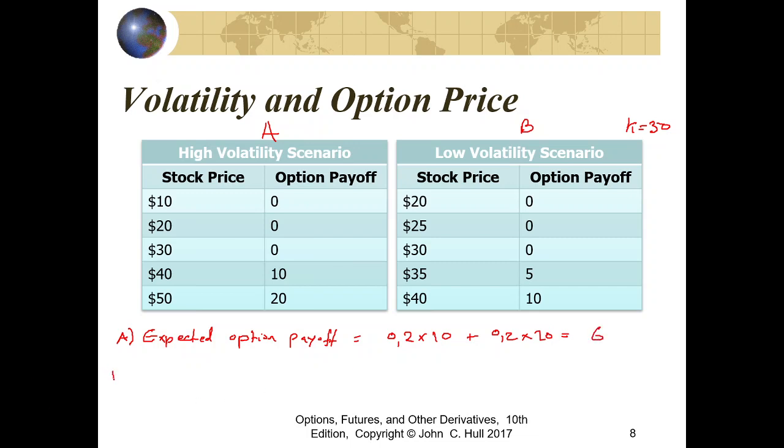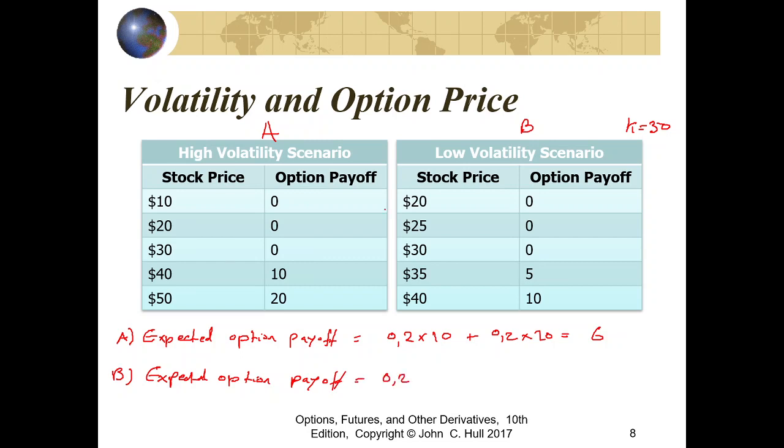How about the expected option payoff for option B? Again, we multiply the probability 0.2.